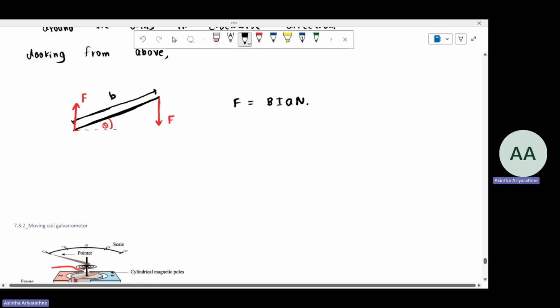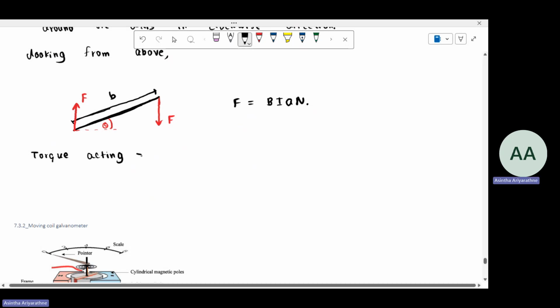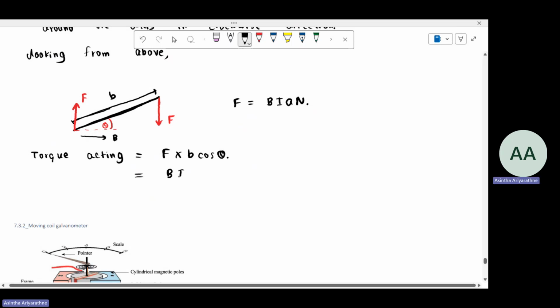Then the torque is F into B cos theta. This is the effective direction of the magnetic field. So torque is BIAN into B cos theta.